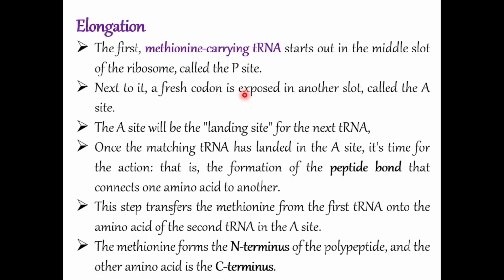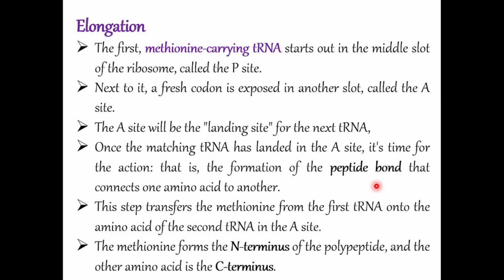Elongation is the same in all. Actually, in elongation, once it is initiated, the first methionine-carrying transfer RNA starts out in the middle slot of the ribosome. We call it the P site, as I already mentioned. Then a fresh codon is exposed in another slot at the A site. The A site will be the landing site for the next transfer RNA. Once the matching transfer RNA has landed in the A site, it is time for action.